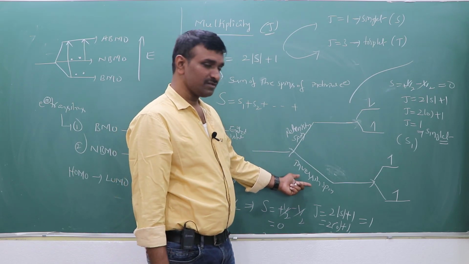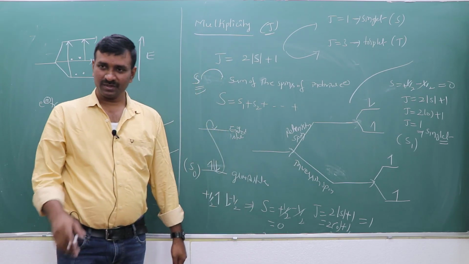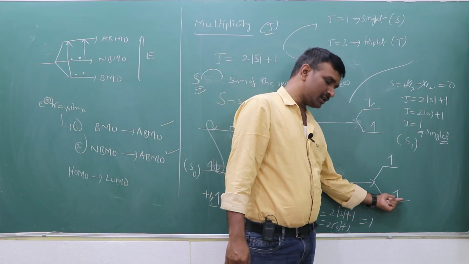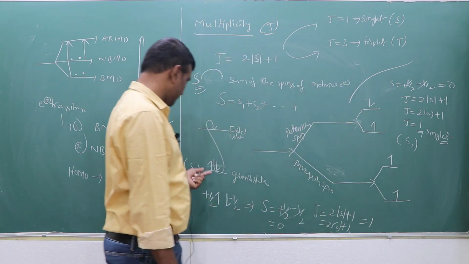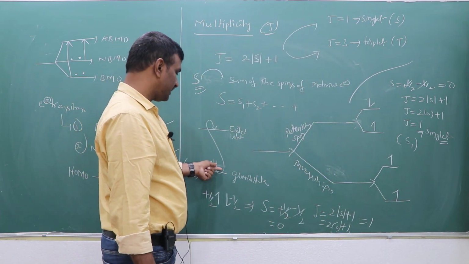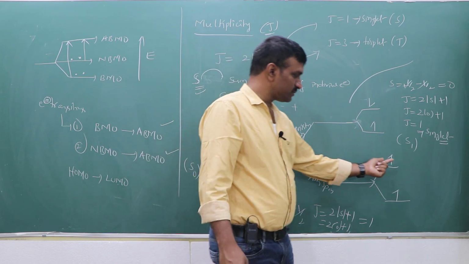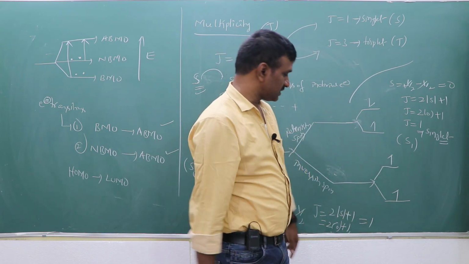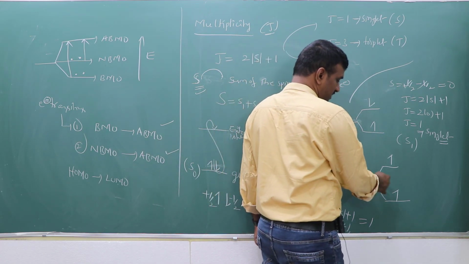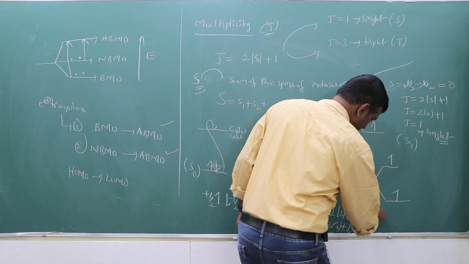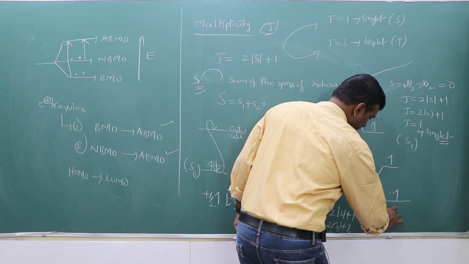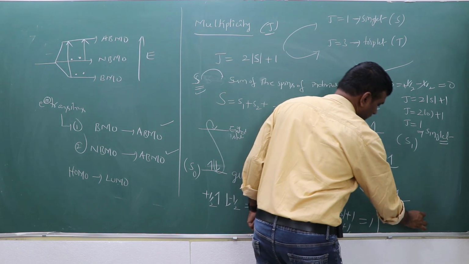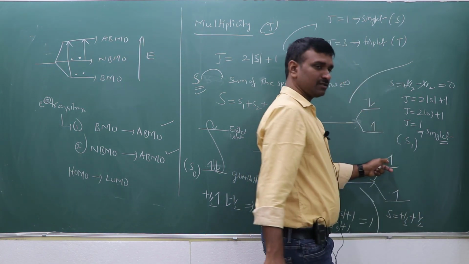Now, if inversion of spin takes place during the electronic transition, in the ground level it is plus half, and in the excited state, not minus half, spin inversion takes place and it is plus half. Spin flipping takes place, like that inversion takes place. So S is plus half here, and here it is also plus half.